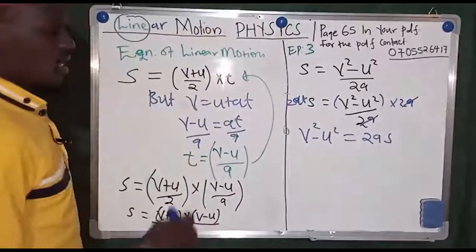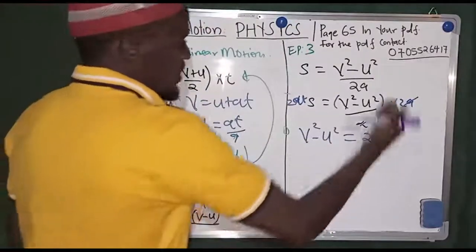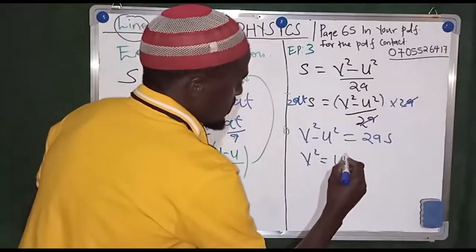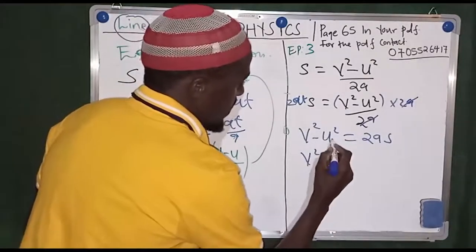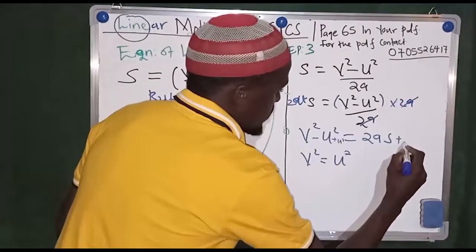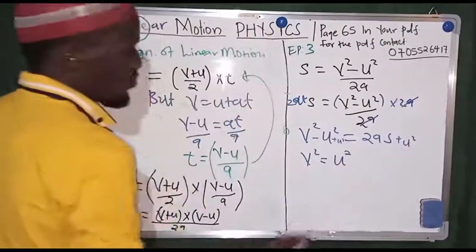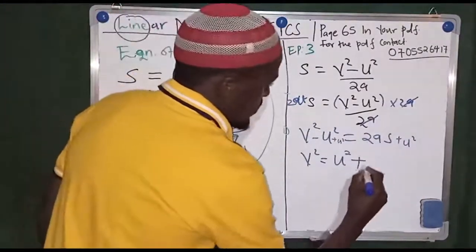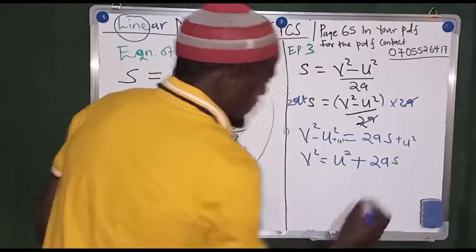2as, like that. Now, you take this u to the other side, so it becomes v squared is equal to u squared. It will be a plus because we are adding u squared that side. I've written it first, then plus 2as.